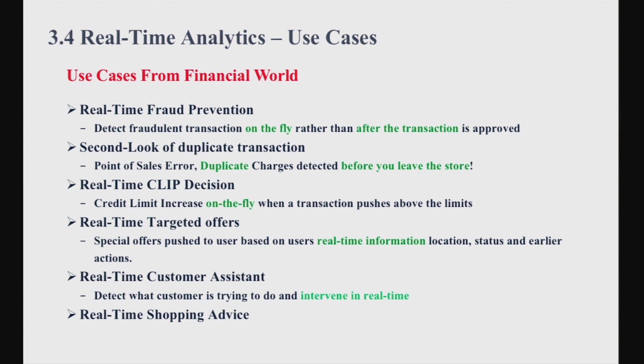But in fraud prevention, you can actually check every transaction against the fraudulent knowledge base in real time. As soon as you swipe the credit card, it can go against the rule base, check certain rules, and make sure that it is not a fraudulent activity.